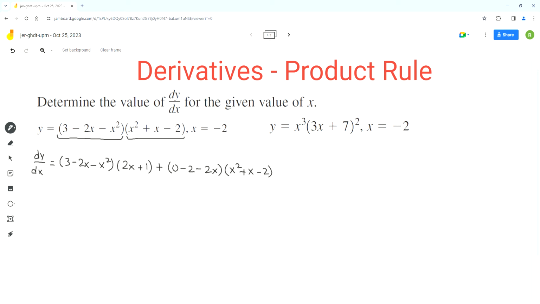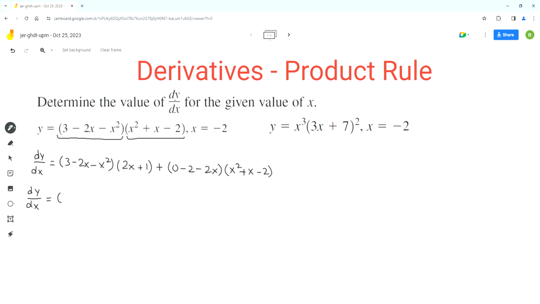Now we have to find dy over dx at x equals negative 2. We do not have to simplify this expression first and then sub in x equals negative 2. We can just sub in x equals negative 2 in this expression.